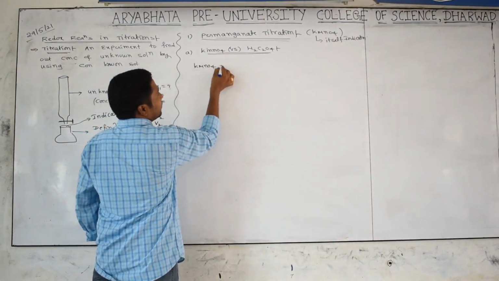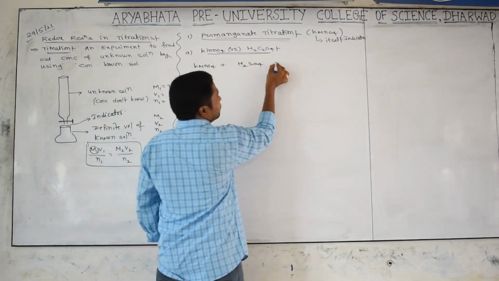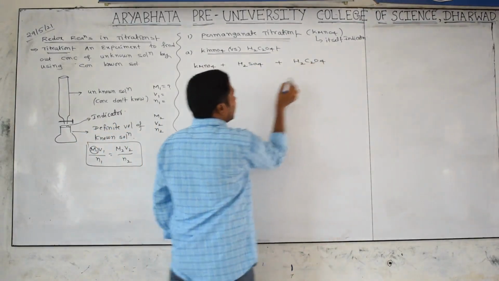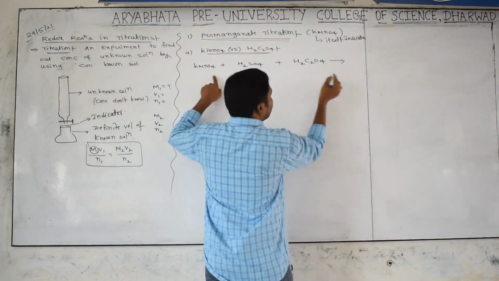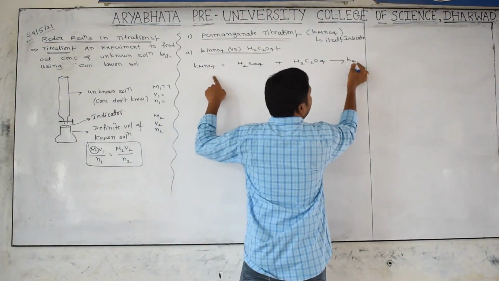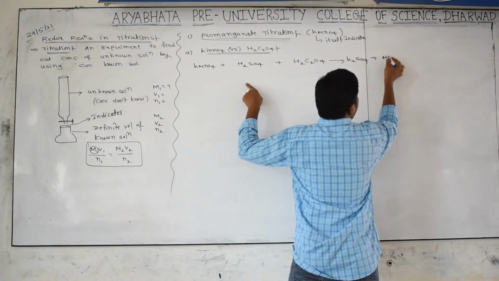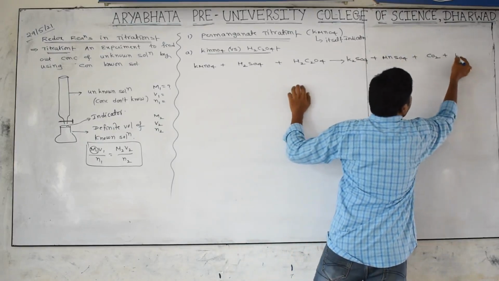KMnO4 reacts with oxalic acid in acidic medium, H2SO4 plus H2C2O4, and gives products: K2SO4 plus MnSO4 plus CO2 plus H2O.